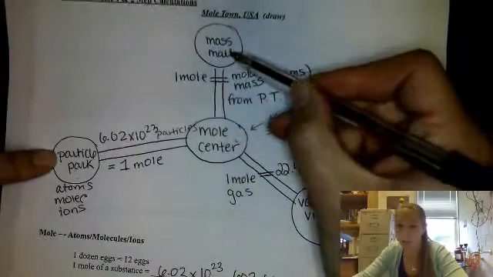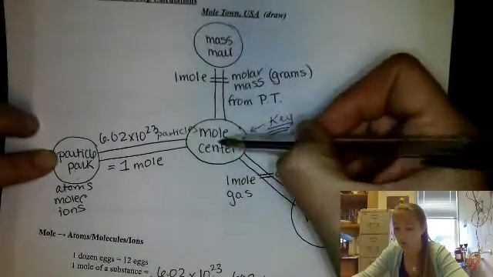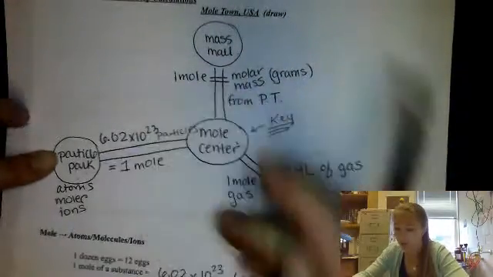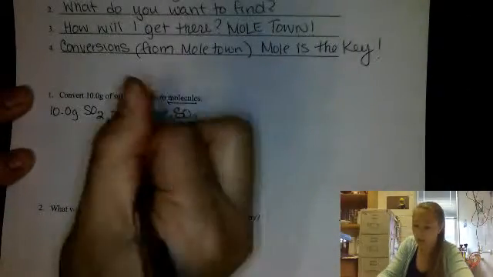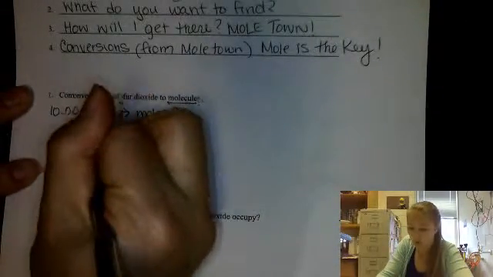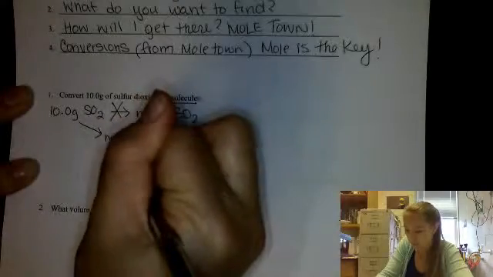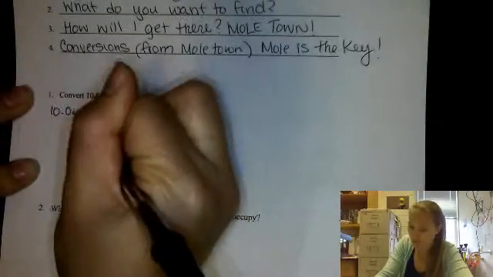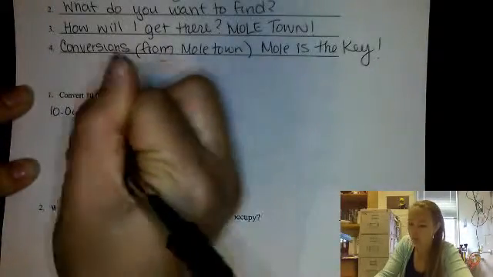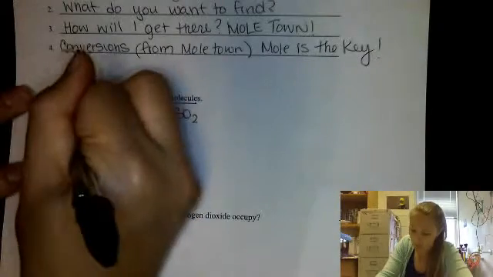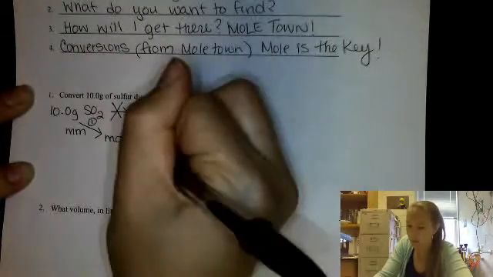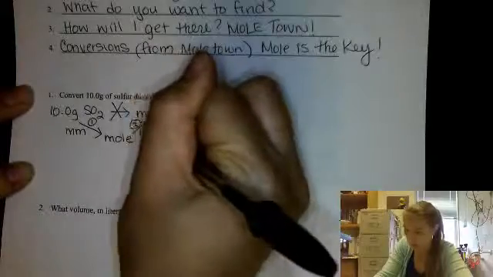Can I get there in one step? No. I have to first go to moles and then to particles. So 2 steps to do so. Between grams and moles, I use my molar mass. And to get between moles and molecules, I use Avogadro's number.